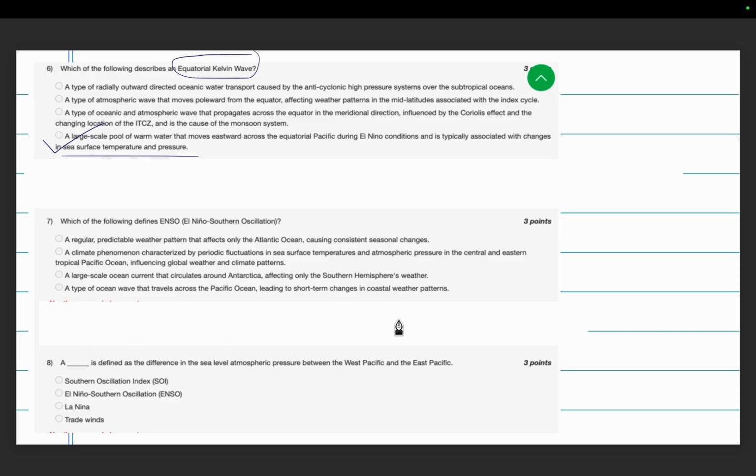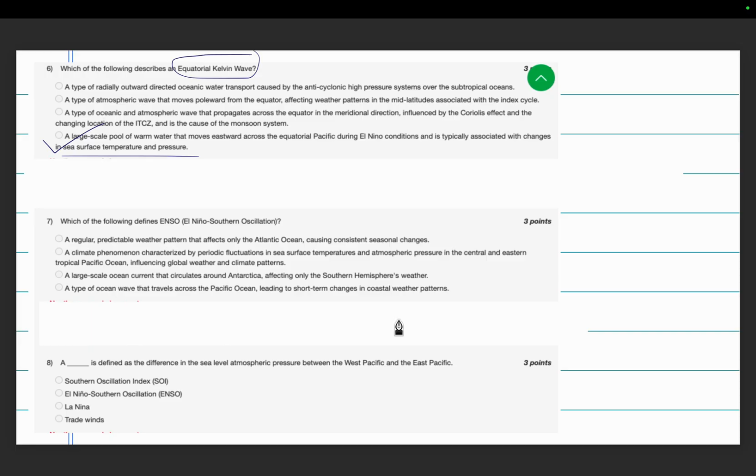Which of the following defines the El Nino Southern Oscillation? A regular, predictable weather pattern that affects only Atlantic Ocean, causing a consistent seasonal change.